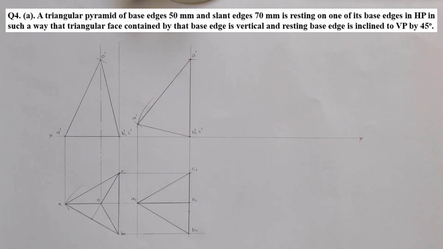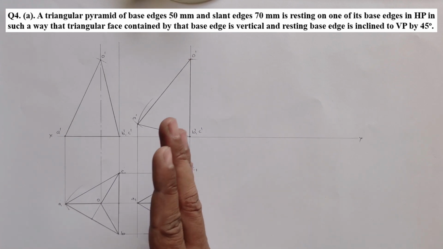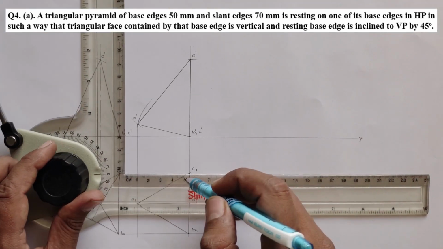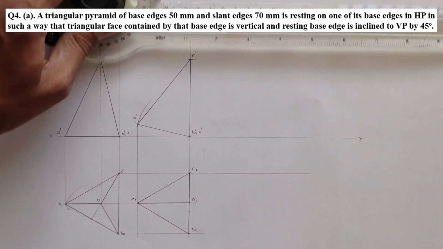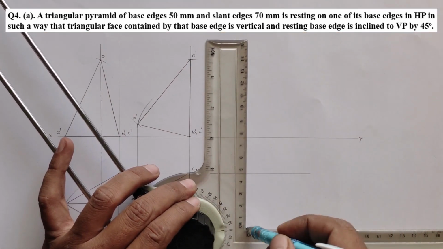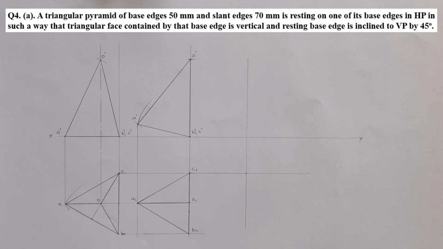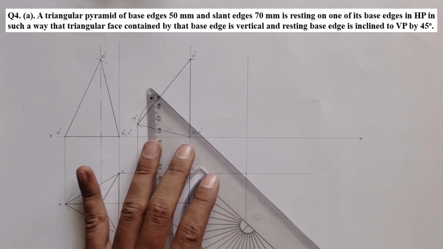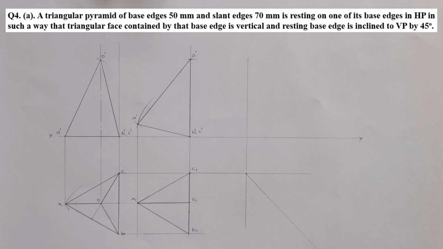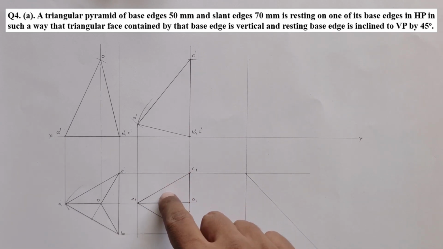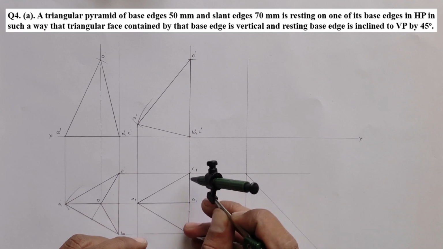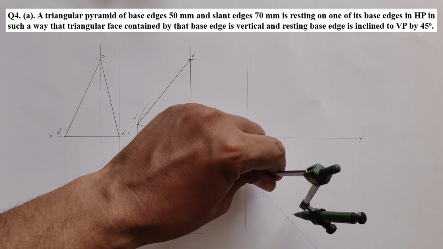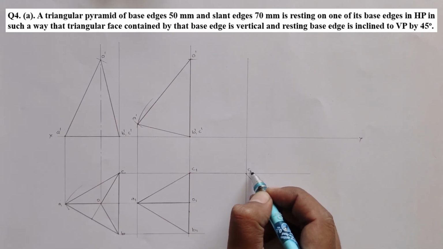The third step states that the base edge BC is not perpendicular to VP, rather it is making an angle of 45 degrees. So I'm just extending this projector, drawing a vertical line here, taking this point, taking an angle of 45 degrees at this point. Now you just have to recreate this at this location. So this remains unchanged. Everything you have to just redraw here, keeping the point, cutting an arc. This is your C1.